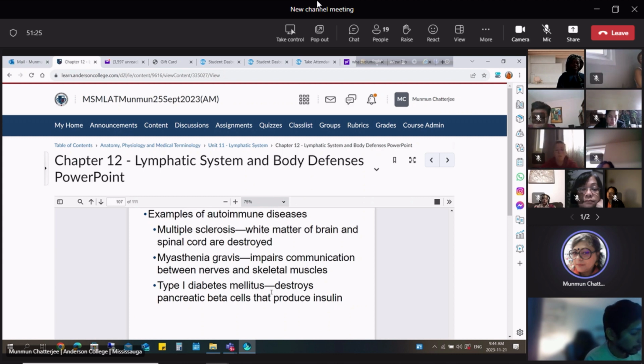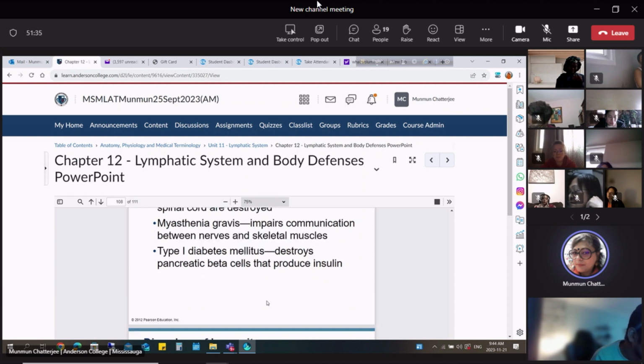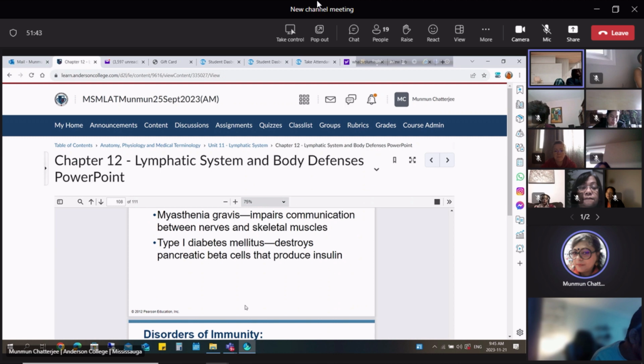Your body cannot produce insulin, and ultimately your body is going to have high blood sugar and you are going to be a diabetic patient. That is type 1 diabetes mellitus. That is genetical. It's from the genetics.